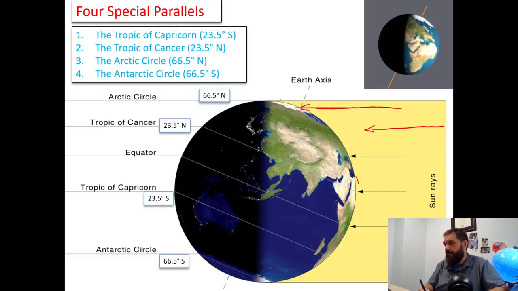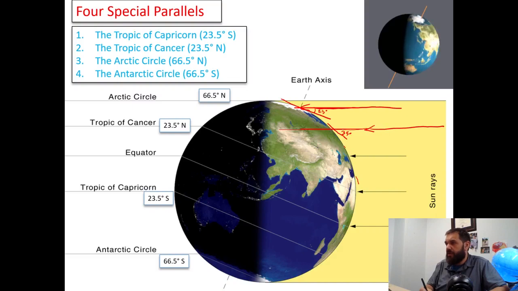Here at the North Pole, it's striking the Earth at a very low angle, which is about 23.5 degrees, as a matter of fact. Here at this line of latitude, it's striking at a larger angle. Maybe it's 35 something. I'm just making a number up.